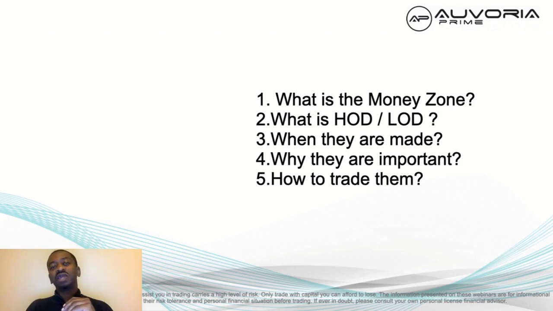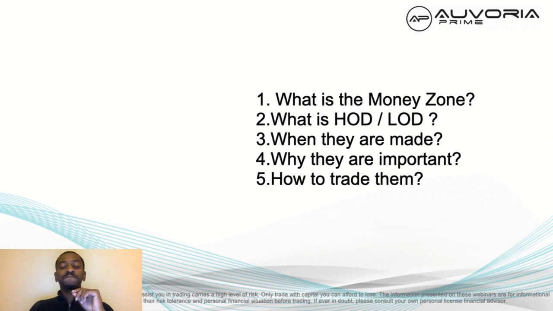The high of the day and the low of the day, or where price was at its highest and lowest for the day. Typically, the high of the day and the low of the day will both be made inside the money zone. Most days. Every now and then, the high of the day or the low of the day will be outside the money zone, but most days you will see that they are made inside that 12-hour time frame, because that's when the market is most liquid.